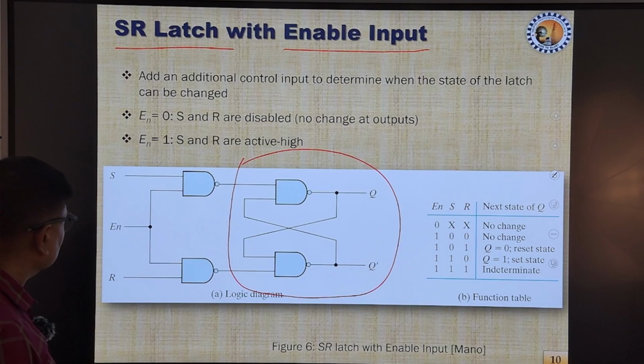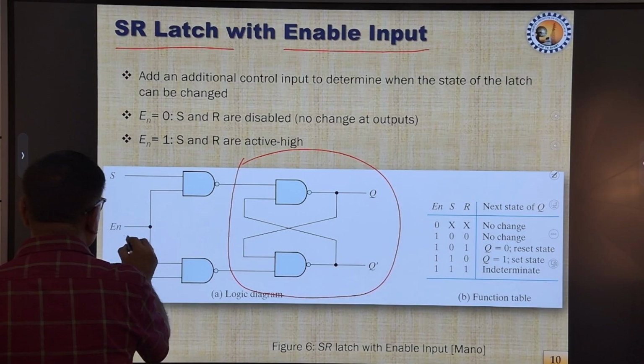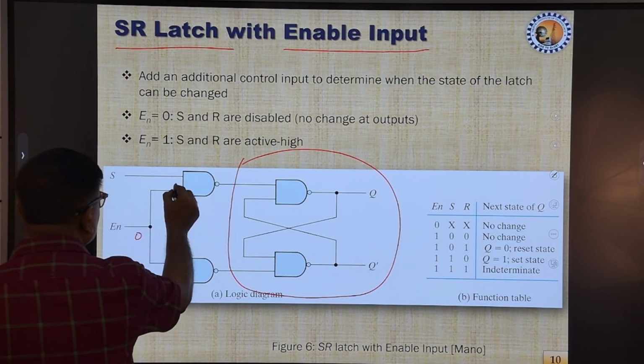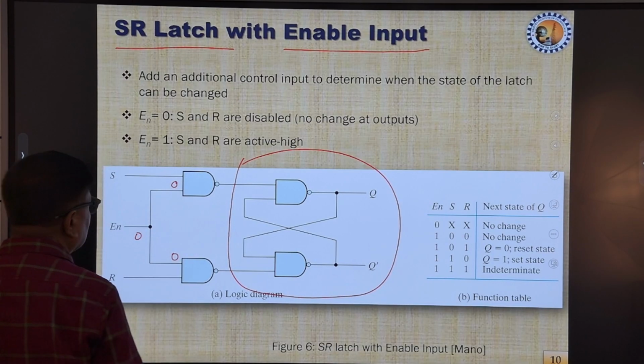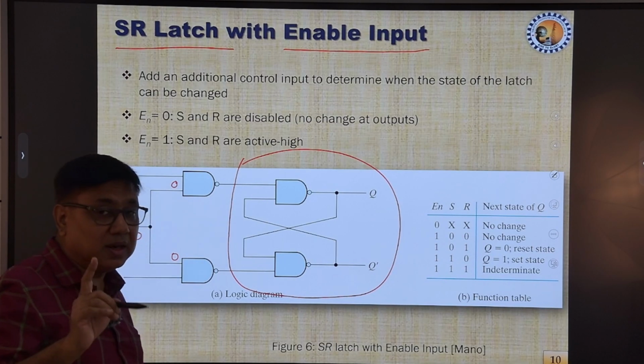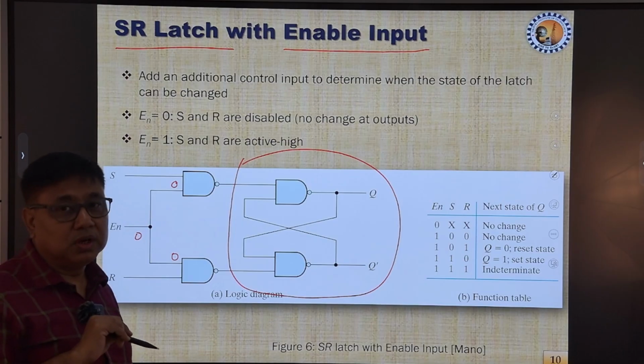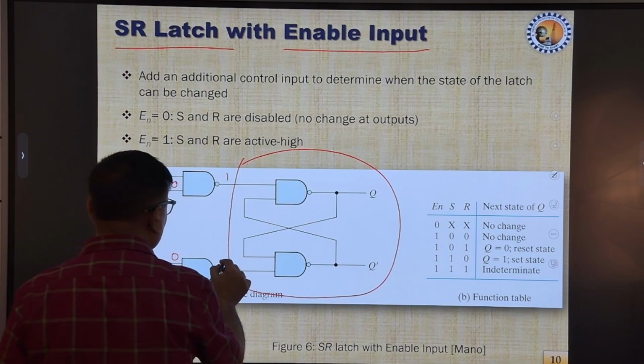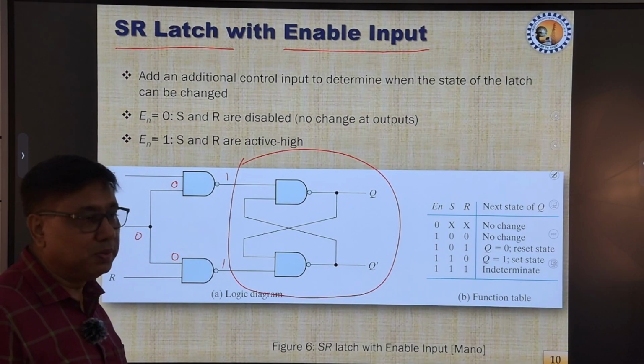Now, when enable equals 0, what will happen? Both these inputs will get a 0, and when one input of a NAND gate is 0, its output will become 1. Both the NAND gates' outputs will become 1.